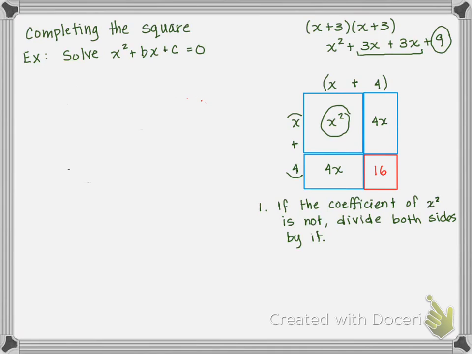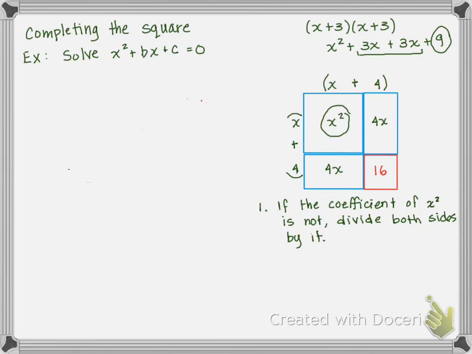So the coefficient has to be 1, but that's okay because it's an equation. And so if I have like 2x squared, I can just divide both sides by 2. And then the coefficient will be 1.